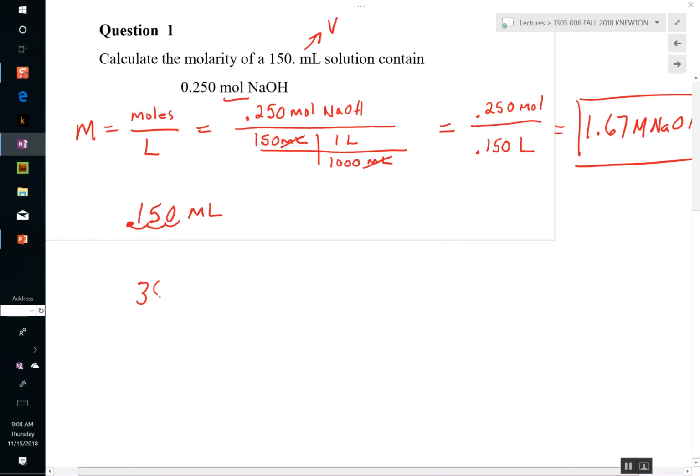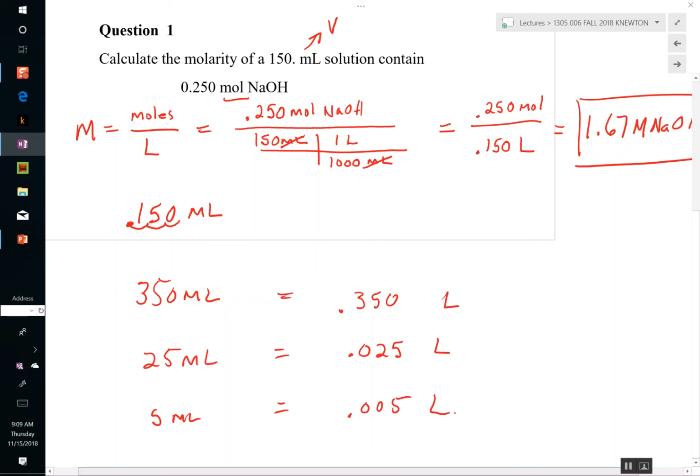So tell me, 350 milliliters equals how many liters? 25 milliliters equals? 5 milliliters? Okay, just move that decimal point over 3 places. What you're doing is dividing it by 1,000.